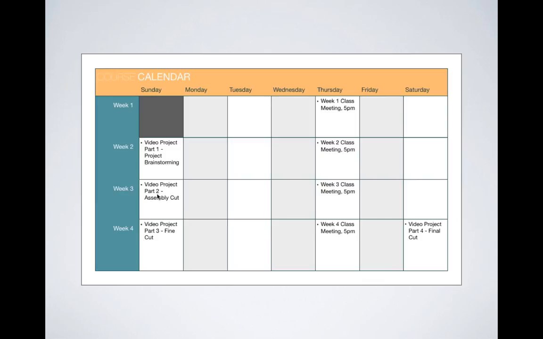The first deliverable of the video is the assembly cut, and this is the rough draft basically. And I'm following the same format as your digital video course, more or less. So that should be in pretty rough shape. You can start to see the beginnings of the project and the overall composition, but there's still going to be some rough footage and maybe some extra pieces that will eventually be cut.